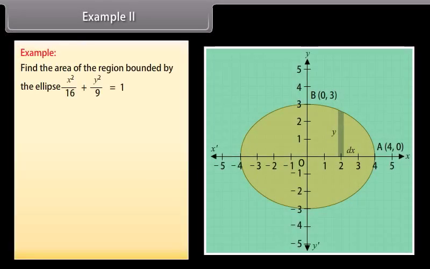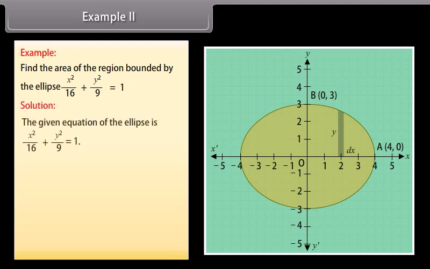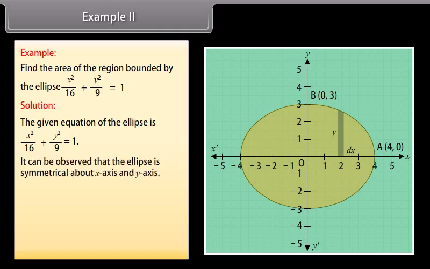Example second. Find the area of the region bound by the ellipse x square upon 16 plus y square upon 9 equals 1. Solution. The given equation of the ellipse is x square upon 16 plus y square upon 9 equals 1. It can be observed that the ellipse is symmetrical about x-axis and y-axis.